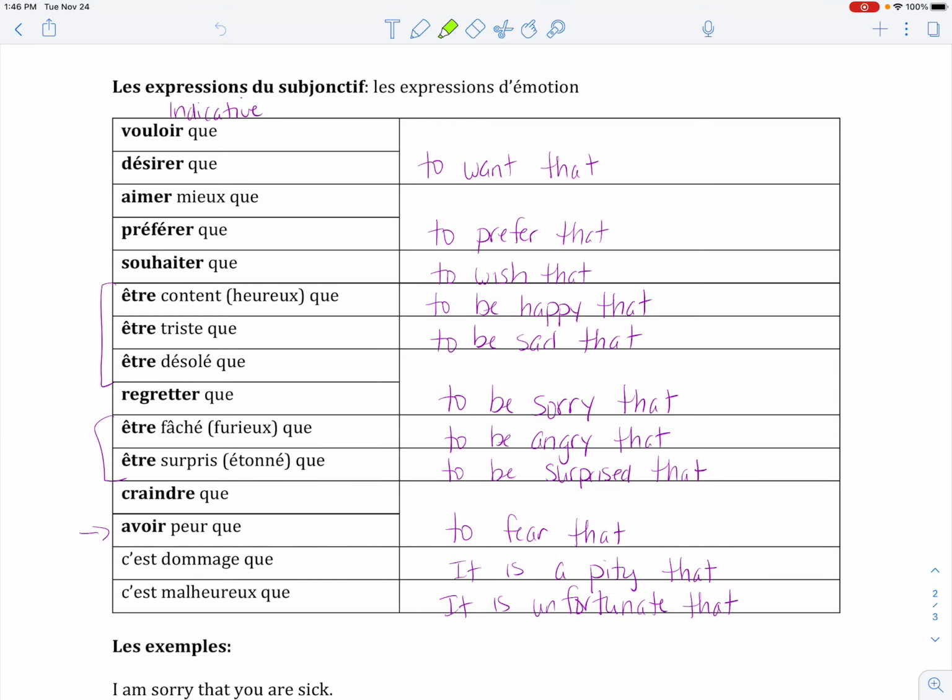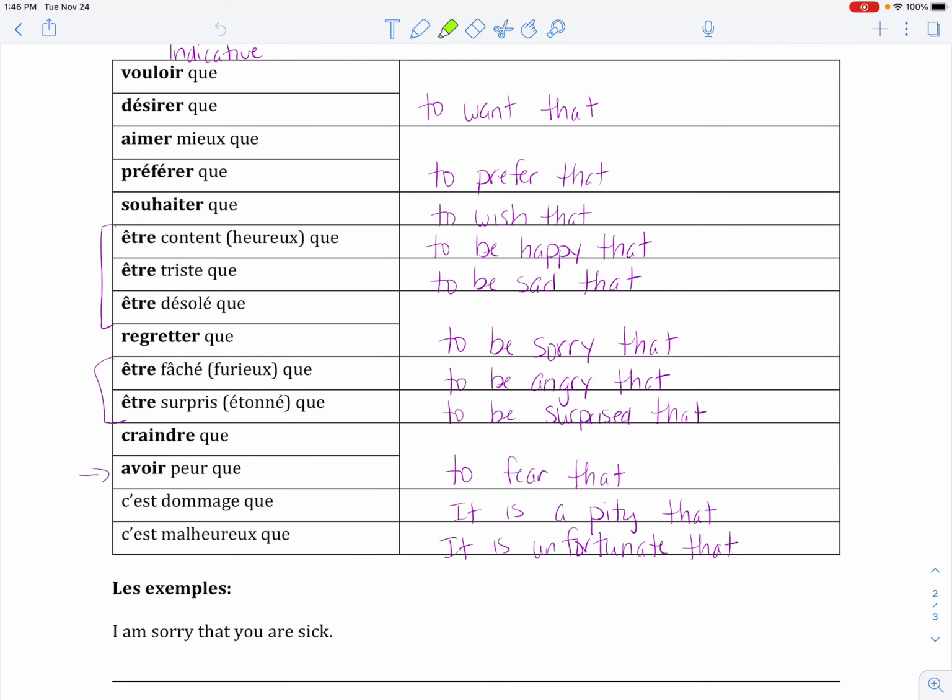The other thing that I want to point out for you guys is these ones that use être. We have être content or heureux, être triste, être désolé, être fâché or furieux, être surpris or étonné. These are all adjectives, so to be happy, to be sad, to be sorry, to be angry, to be surprised.